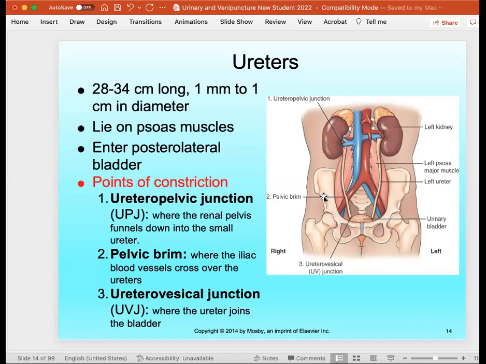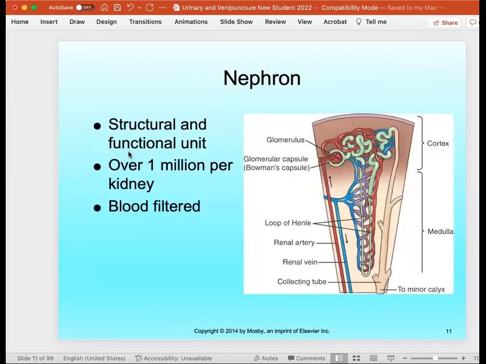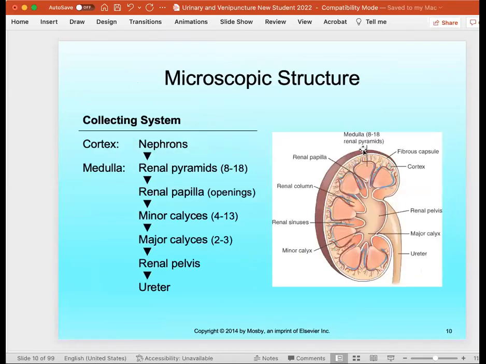So let's go back to the renal pelvis, right here. This is the first area of constriction in the ureter. It starts over here, the ureteropelvic junction.